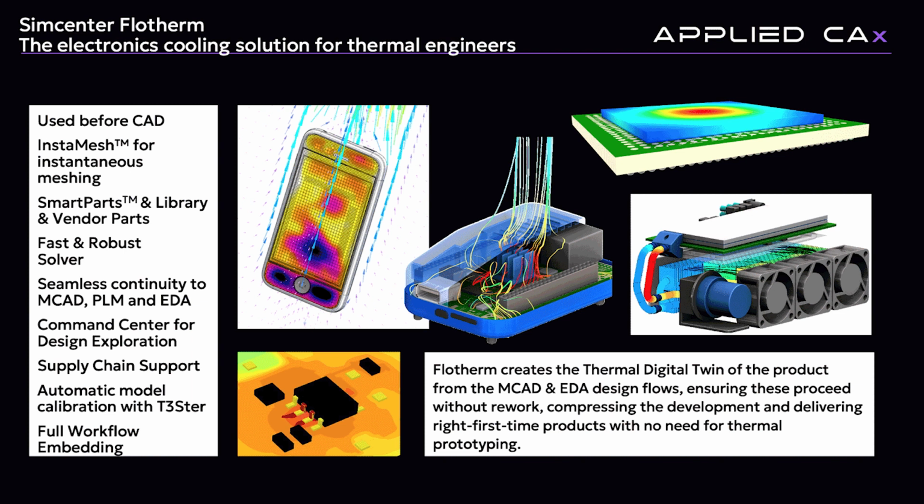FlowTherm features an automated workflow where model changes can be quickly re-evaluated to assess potential design improvements. This feature allows users to perform design exploration early on in the initial design and compress development time to deliver advanced products. The robust solver and large library of commercial components can eliminate the need for thermal prototyping.